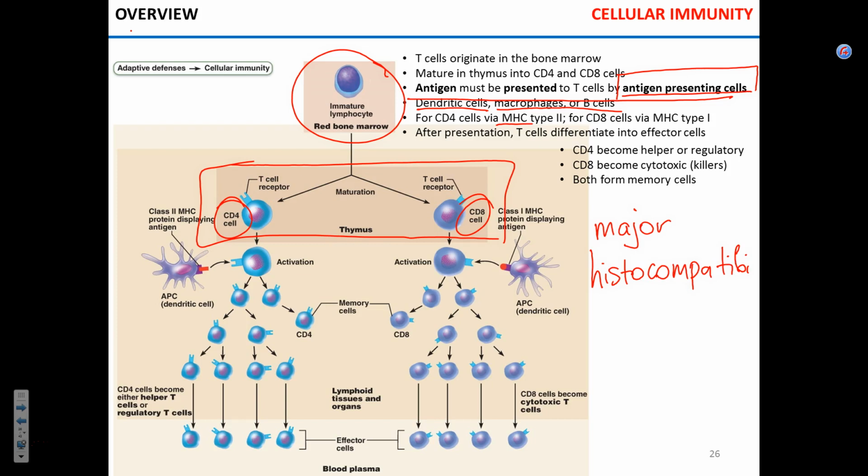Histo. What does histo refer to? Tissue. Histo refers to tissue. So, major tissue compatibility. Histocompatibility means tissue compatibility. And C stands for complex.